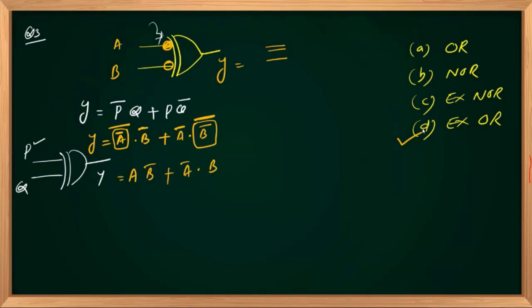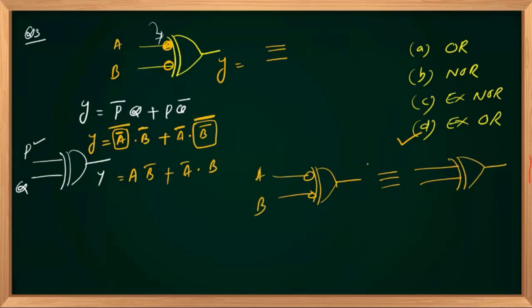And based on the duality principle, we understood that if a statement is valid, then its dual statement is also valid, right? What is the statement here? Now we conclude that a bubbled XOR gate is the same as an XOR gate without bubble, correct? Right? A, B, A, B. Then we are taking the dual.